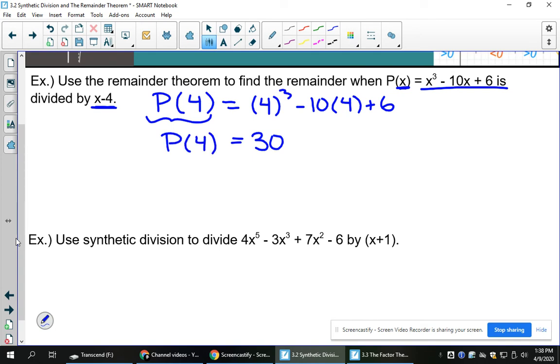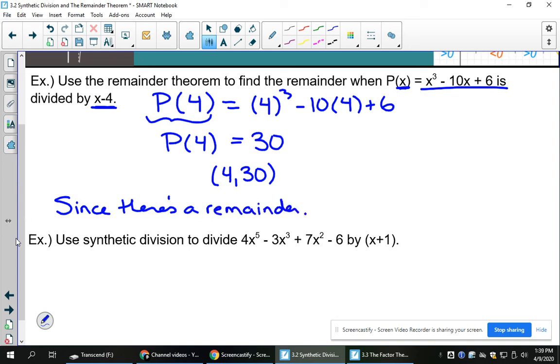Since the remainder is 30 and not 0, that means that 4 is not going to be an x-intercept on the graph. This is actually the point (4, 30) on the graph, but since there's a remainder, x equal to 4 is not a root.